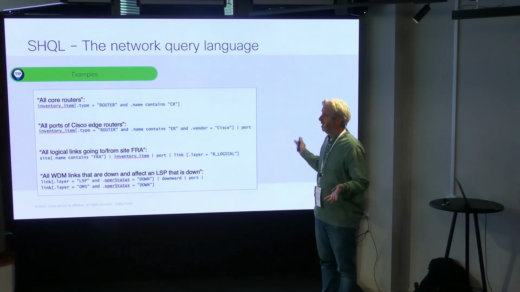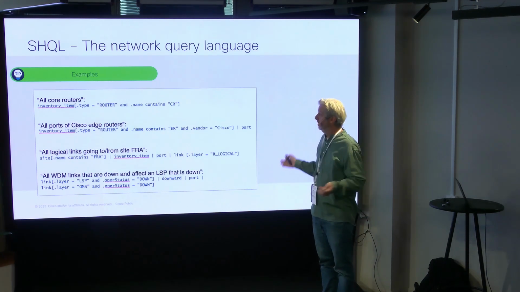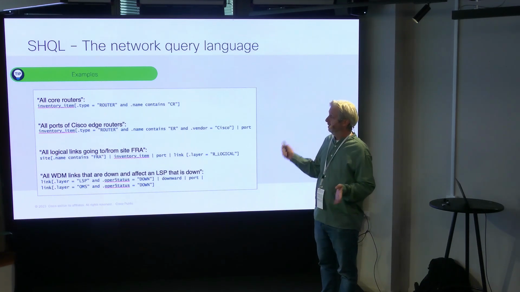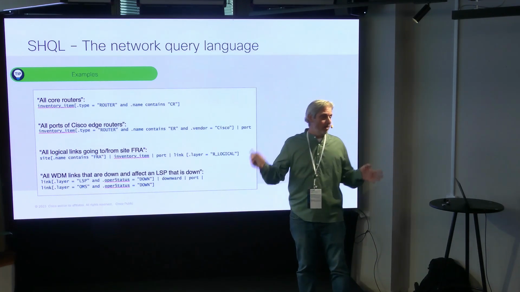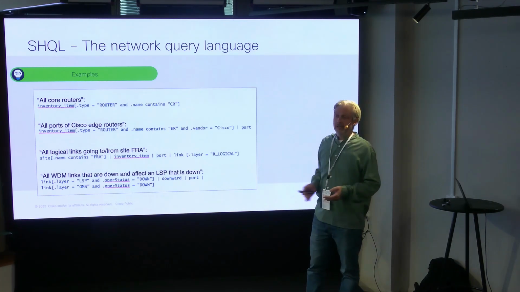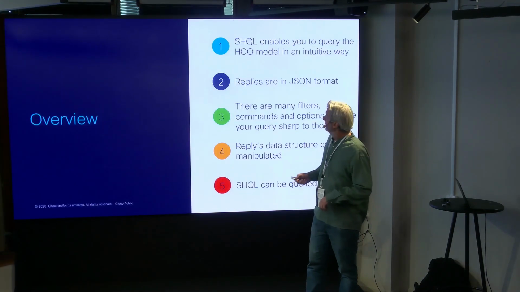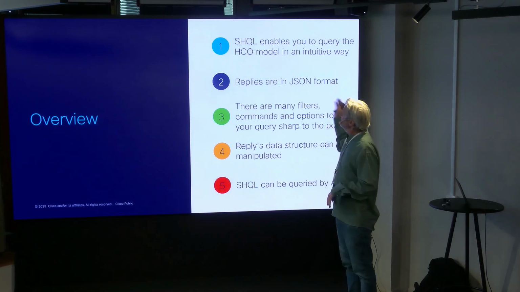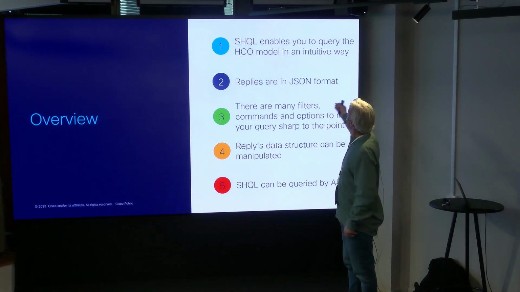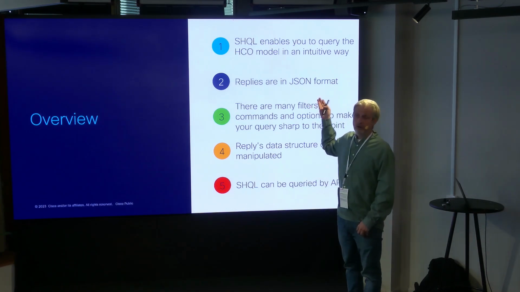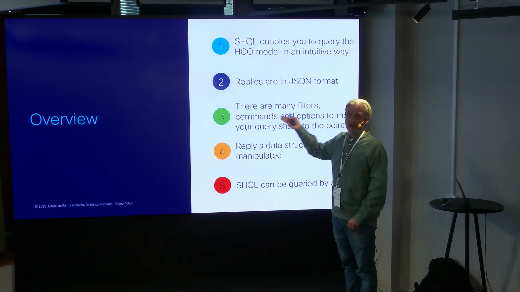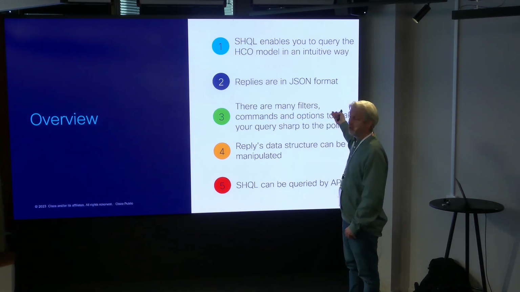You see that it's straightforward, not too complicated. And now I just want to go through basic rules, and as Daniel called it, from zero to hero. So, as I said, SHQL enables you to run pretty complex queries regarding your network.